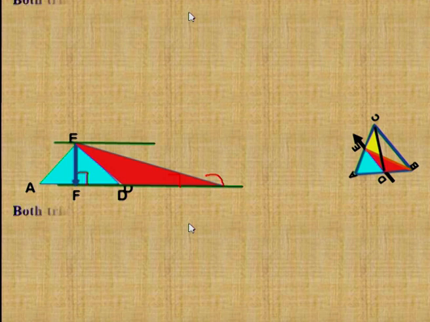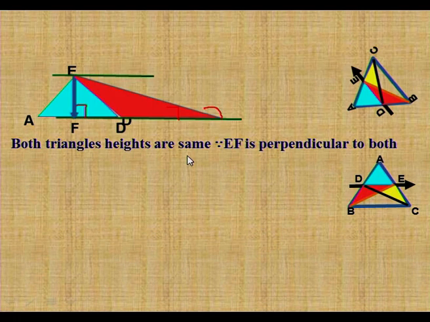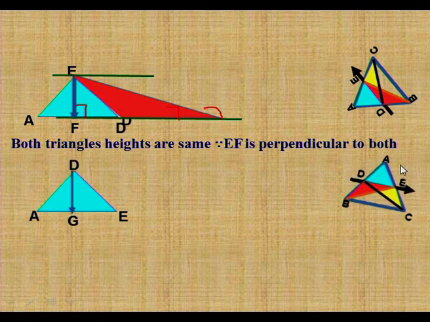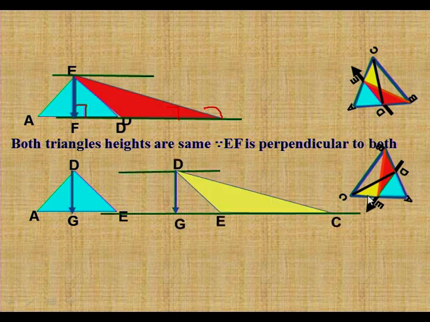One more time, I am taking both triangles, the sides are same, since EF is perpendicular to both. Now, I need this side as base, because I have to show AE by EC, no? Then I will rotate this triangle to this side. See, as AE base and EC base, I got these two bases AE and EC. Then what can I do? See, this is the perpendicular line.